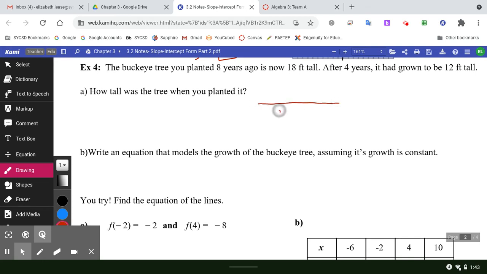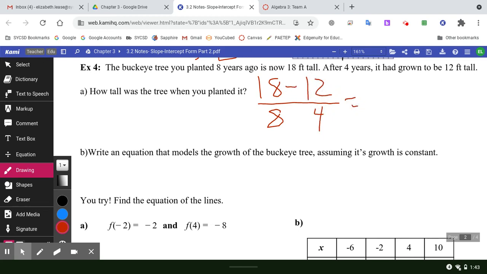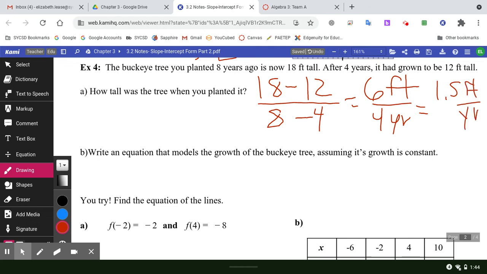After 8 years, it was 18 feet, and after 4 years, it was 12 feet. So that means it must have grown 6 feet over the course of 4 years. If we want to simplify that to a unit rate, that means the tree grew 1.5 feet each year.